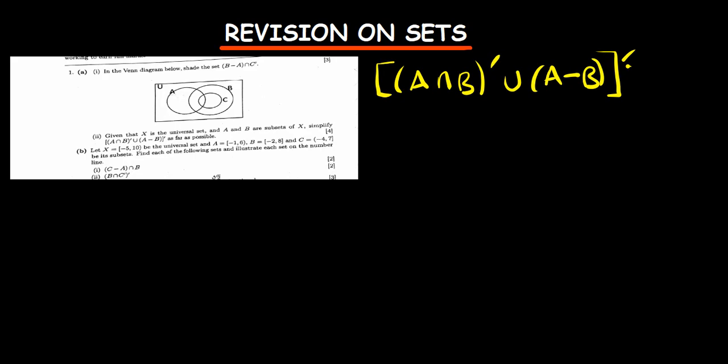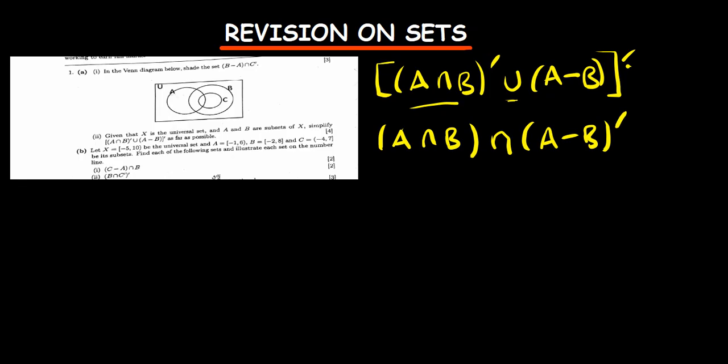Where I have A intersect B complement, when I distribute the outside complement, this complement will go, so I'll just remain with A intersect B. Then this sign changes from union to intersect. Then the A minus B will then have a complement.